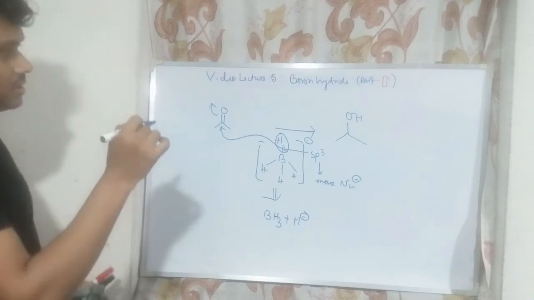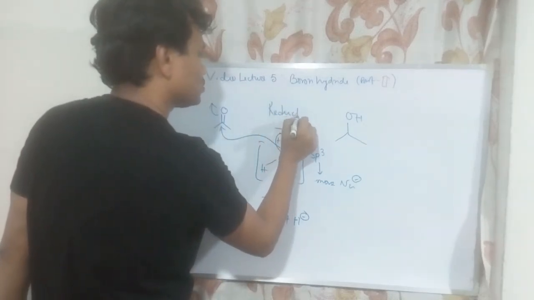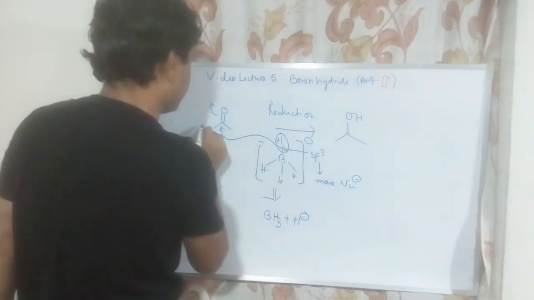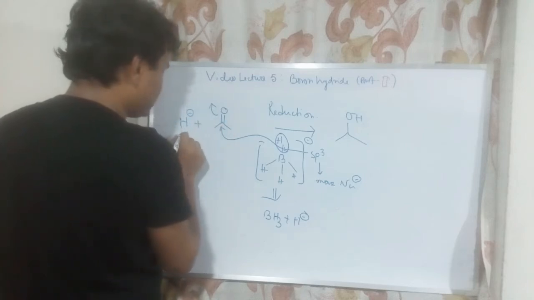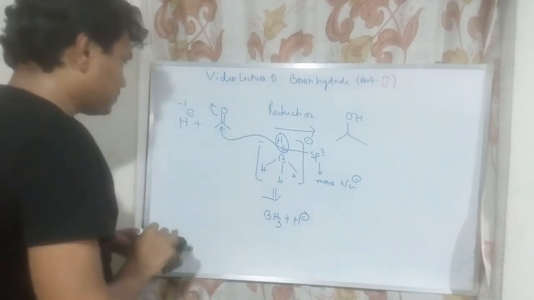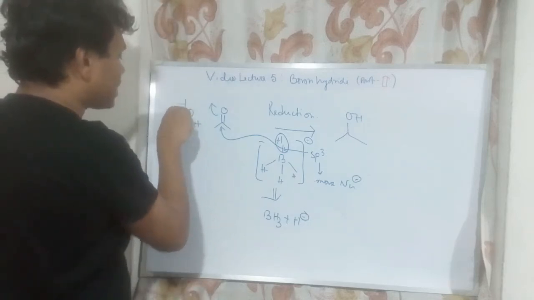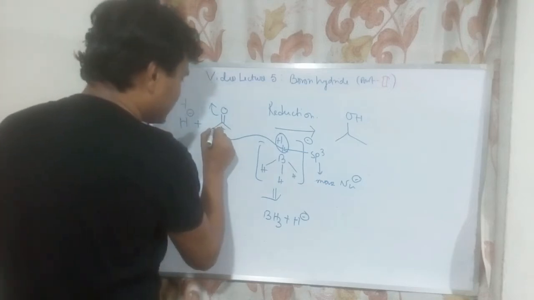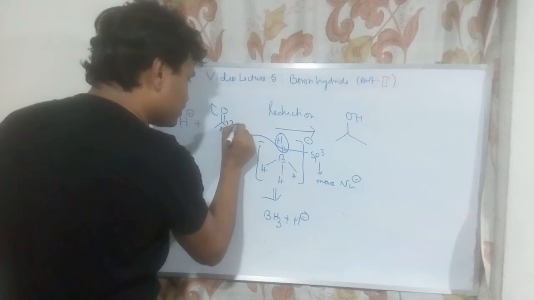So we are saying it's a reduction reaction. Where is the reduction happening? In H minus, hydrogen's oxidation state is -1, and in this carbonyl, the oxidation state of this carbon is +2.